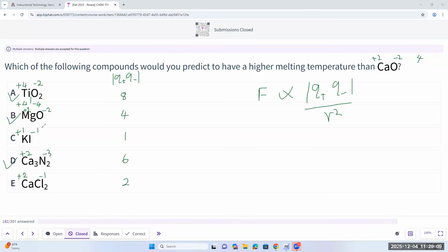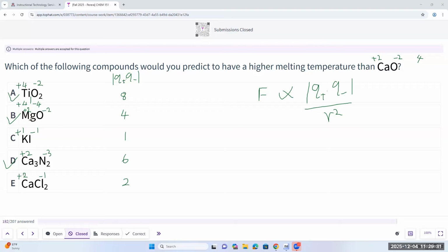However, magnesium oxide, even though the charge products are the same, magnesium is smaller than calcium, making the distance between the ions smaller. So that means ions are closer to each other in magnesium oxide compared to calcium oxide, making the ionic force stronger. Closer you are to somebody, stronger your relationship, right? The same thing goes with the ions.